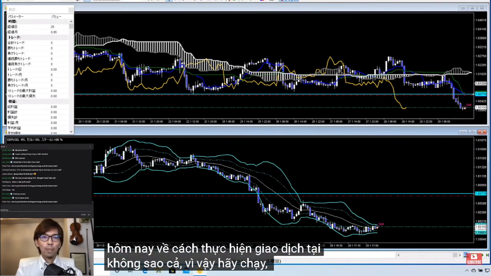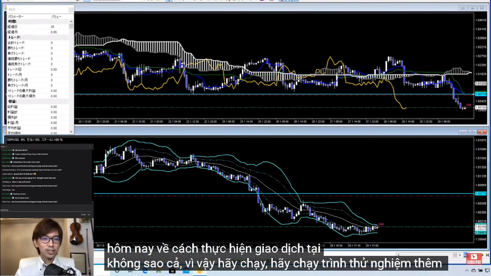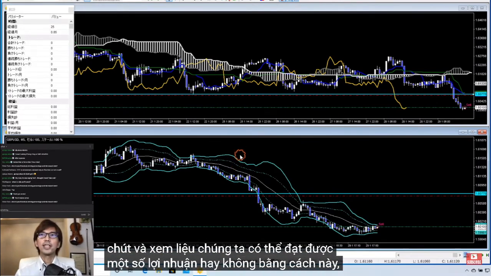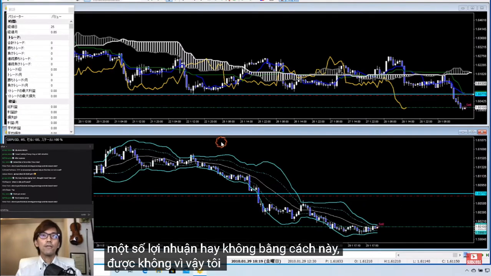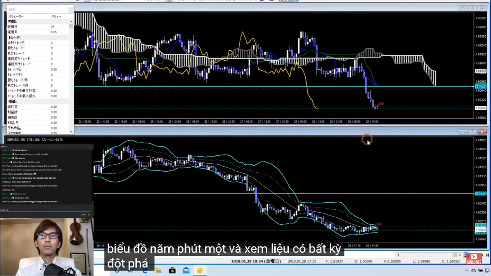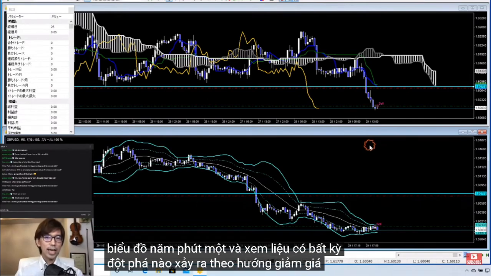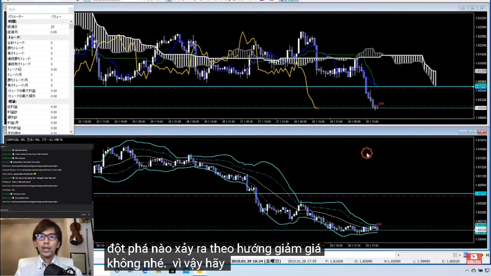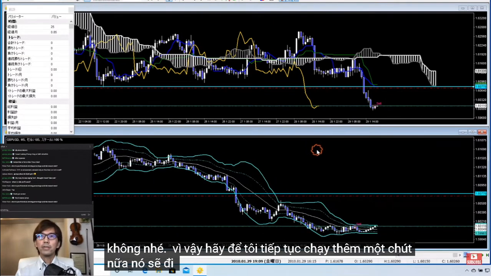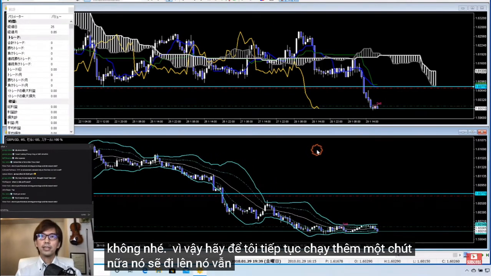Okay, so let's run the tester a little bit more and see if we can gain some profit or not by this one. I will move the 5-minute chart one by one and see if there's any breakout happening towards the downside. Let me keep running a little bit more. It's going up. It's been flat still.